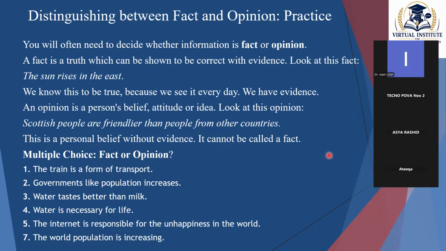Now, as we have mentioned, as a reader, you should be able to differentiate between fact and opinion, right? You will often need to decide whether information is a fact or an opinion. The difference is that a fact is a truth which can be shown to be correct with evidence, right?